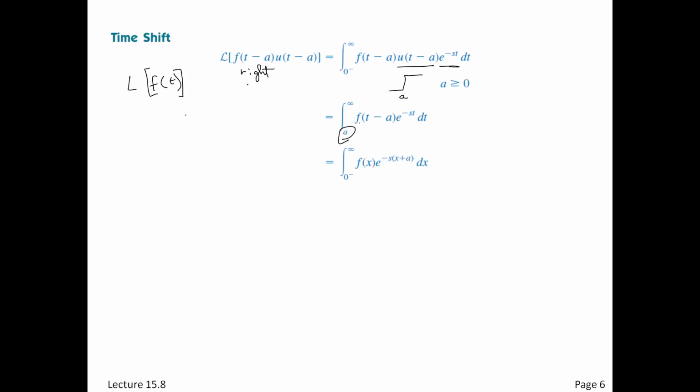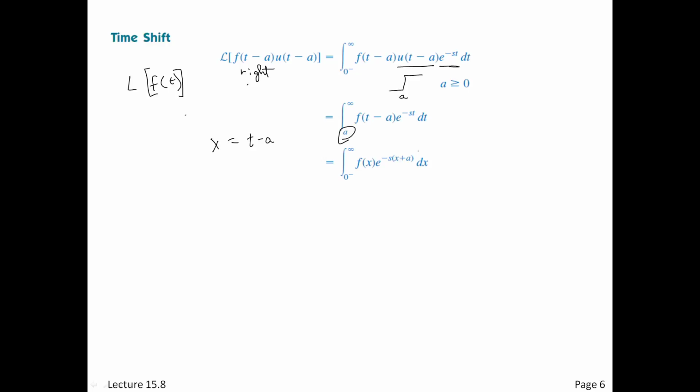Okay? So if we make the substitution, what's the substitution that's obvious here? The substitution is x equals... you notice we're back to this substitution stuff again. It's going to be pretty common, constantly recurring in the whole Laplace business.